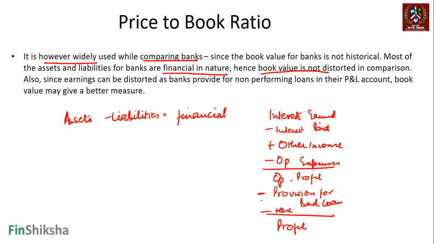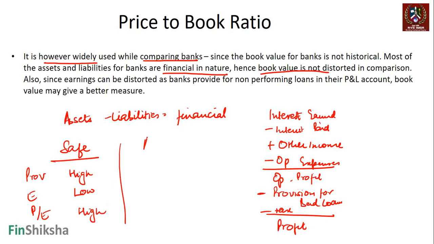Now, let's say there is a safe bank. If it is a safer bank, provisions will be high, which will mean earnings would be low. And because earnings are low, PE will appear to be high. If there is an aggressive bank, not such a safe bank, its provisions would be low, which will mean earnings would be high for the same set of numbers, which will mean that the PE ratio would be low.